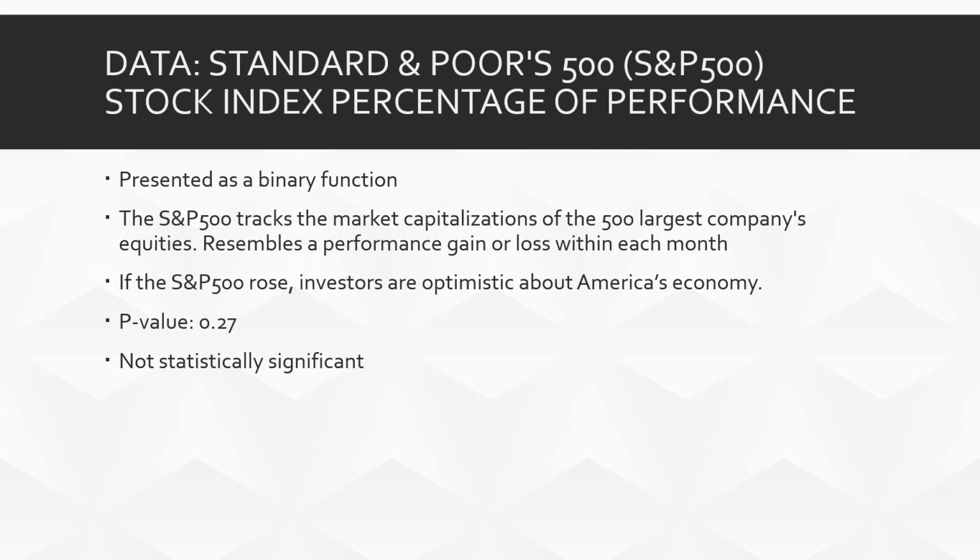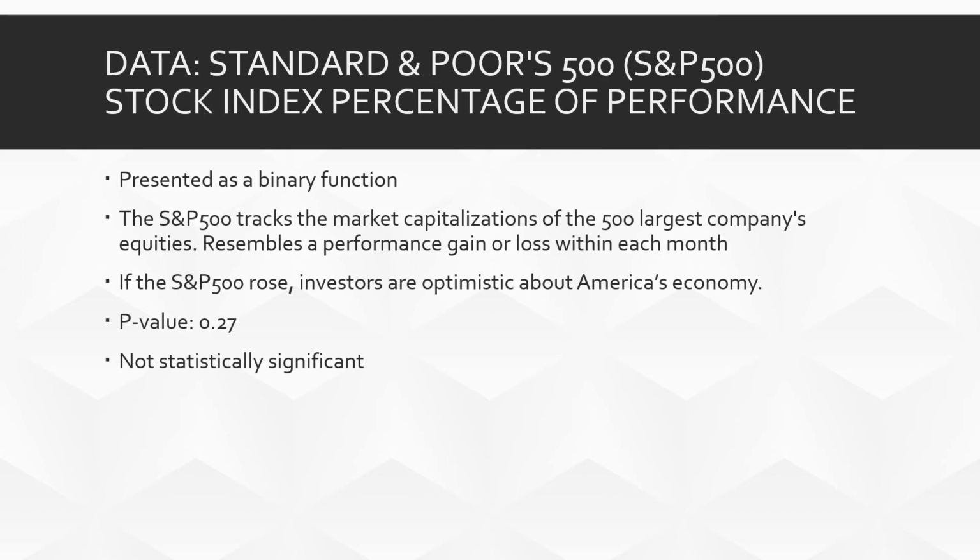And then finally, we have our binary coefficient, which is the S&P 500 stock index percentage of performance. If the S&P 500 went up in a month, it will receive a 1. If it went down in a month, it will receive a 0. I decided to make this a binary function as the S&P 500 is volatile compared to these other metrics.